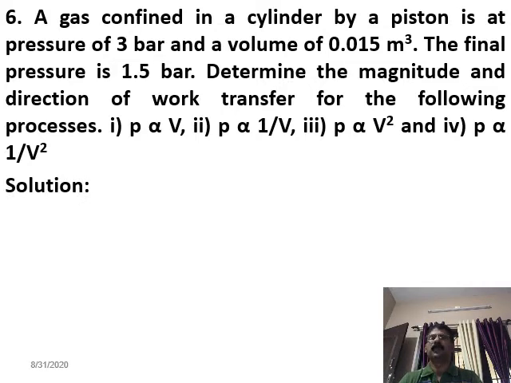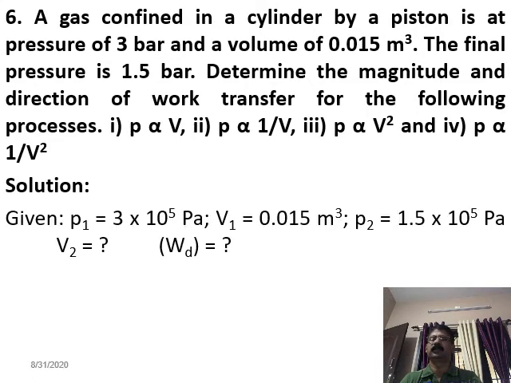Number 1, pressure is directly proportional to volume. Number 2, pressure is inversely proportional to volume. Number 3, pressure is directly proportional to V square. And number 4, P is directly proportional to 1 by V square, or inversely proportional to V square.